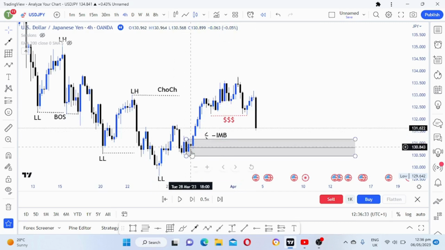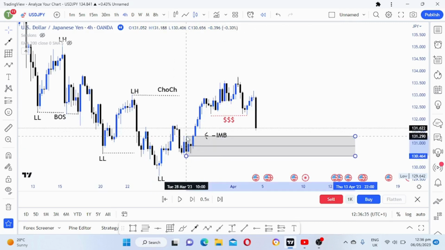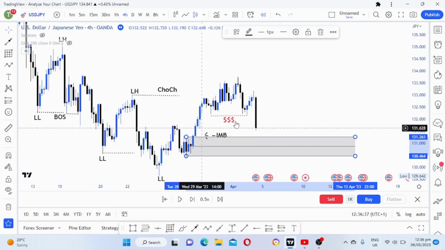So where should we look now? I'm just looking here. Price will come and fill this imbalance, and then we buy after price comes here. We wait for candlestick formation here. So now let's play quickly.